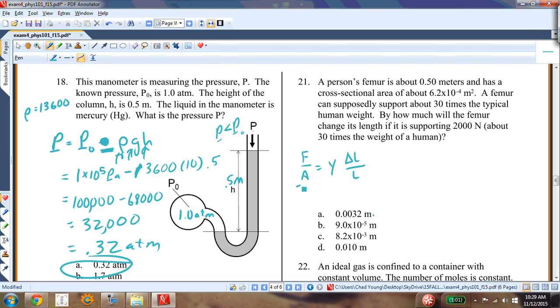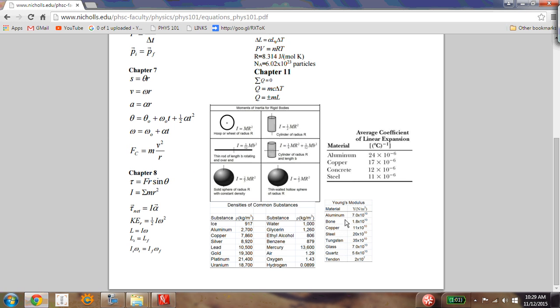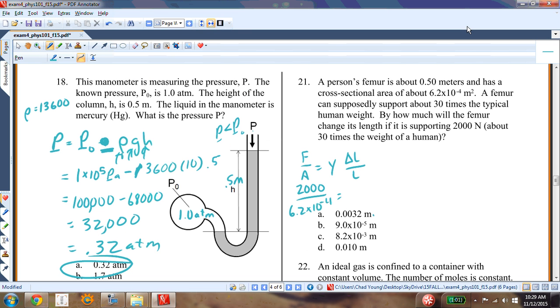F is 2,000. A is 6.2 times 10 to the minus 4. If we look on our equation sheet, we can find the bone Young's modulus, 1.8 times 10 to the 10th pascals. And delta L is what we're looking for, and L is originally about 0.5 meters.